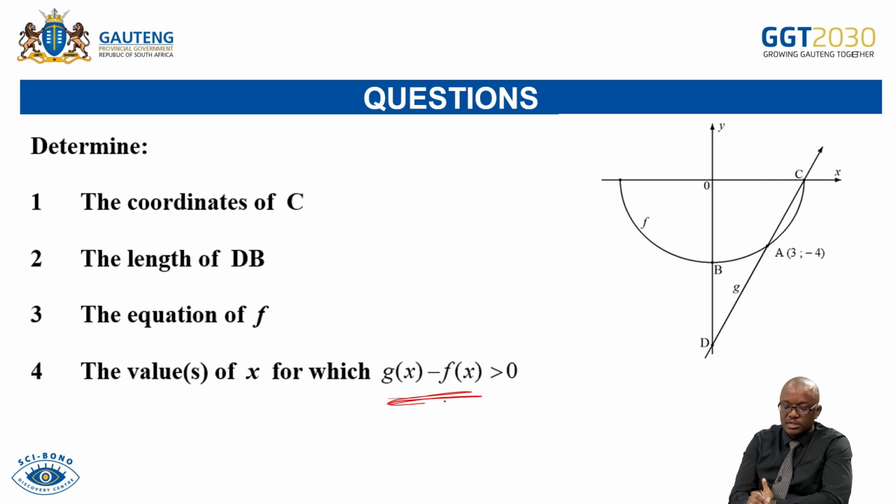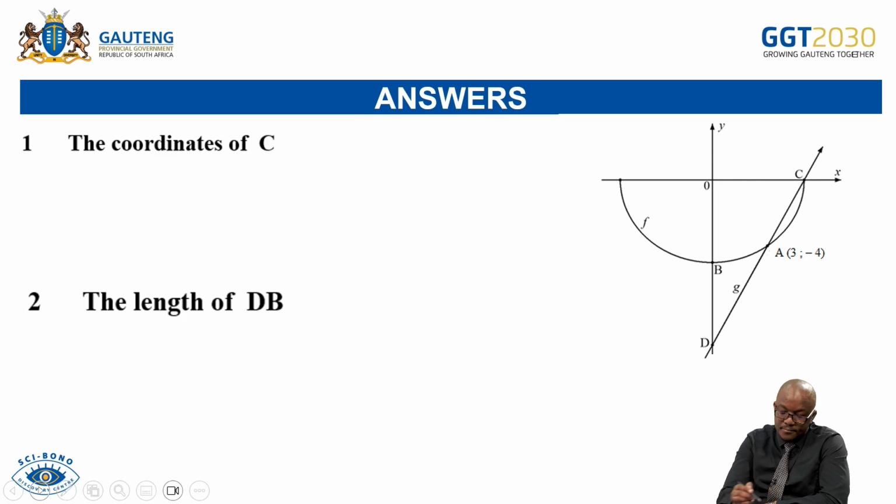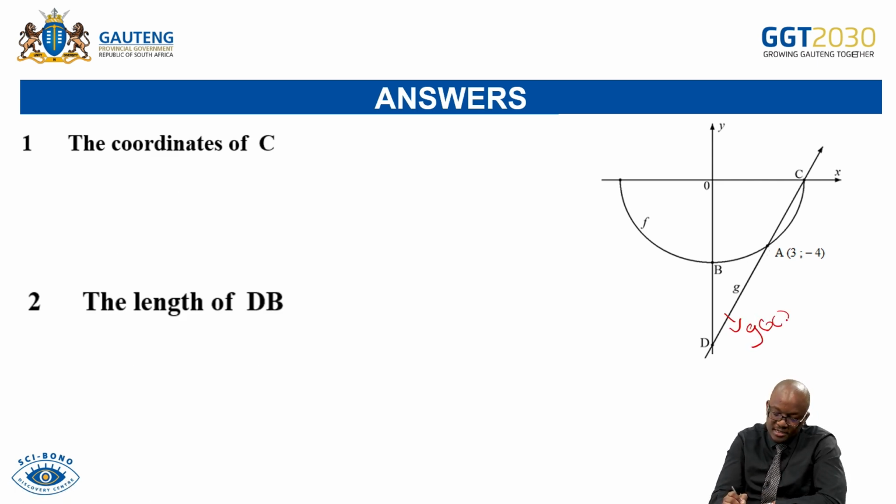we have another condition there. Do we see where the interpretation comes in? So now, let's go back. We know the information of our graph of g, which is the straight line. We're saying g of x is equal to 2x minus 10.